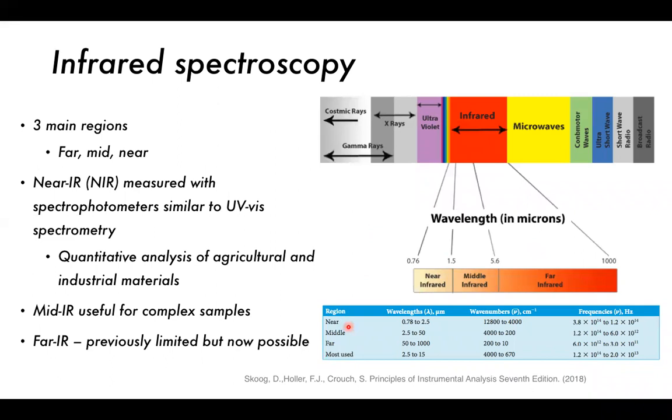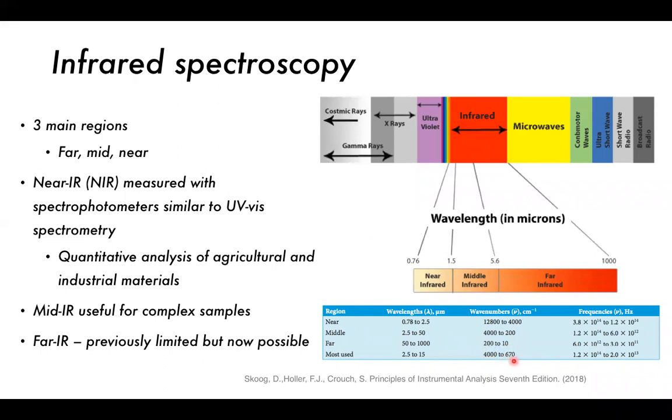So here we have the region breakdown: region, wavelengths, wave numbers, frequencies. So near IR is from about 13,000 to 4,000 wave numbers. Mid IR is from 4,000 to 200, and far IR is from 200 to 10.